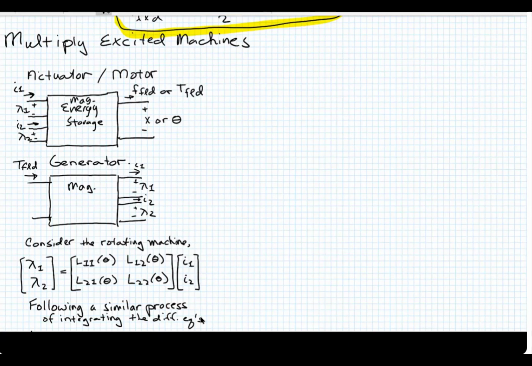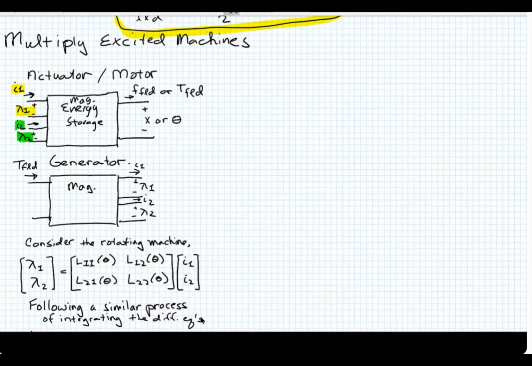If it was a motor, we could put in flux from one winding right here. We could call that winding 1. It's got a flux linkage, lambda 1, and we've got a flux linkage, lambda 2, and then they have an associated current, I1 and I2.